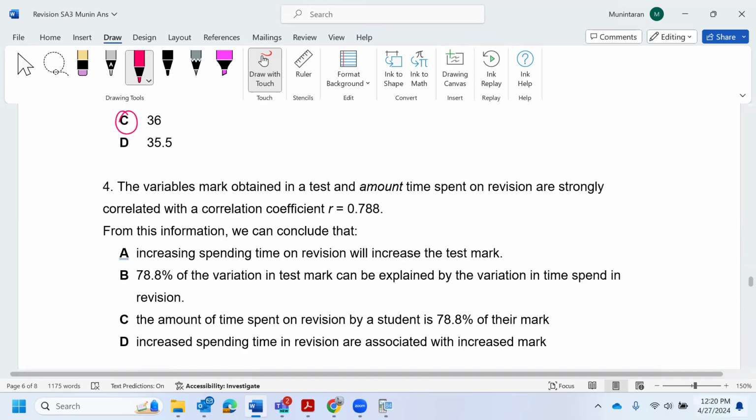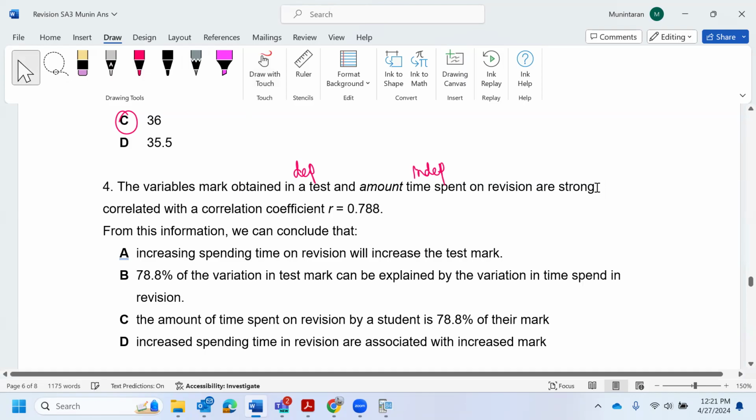That's quite straightforward. So 36. The variables are marks obtained in a test and amount of time spent on revision. So test marks obtained is your dependent, and the time spent is your independent. Are strongly correlated. I think the word should not be strongly, it's only 0.78.